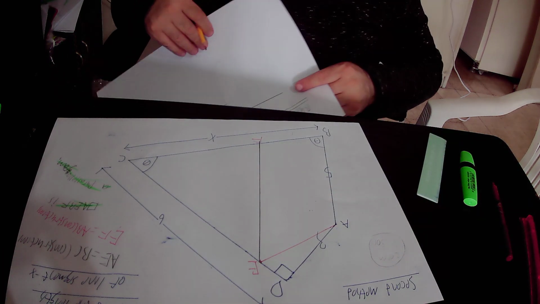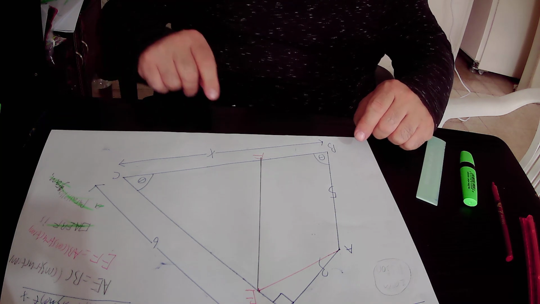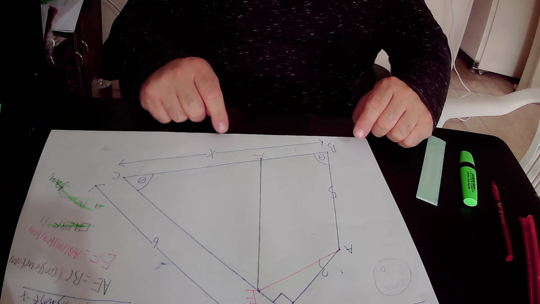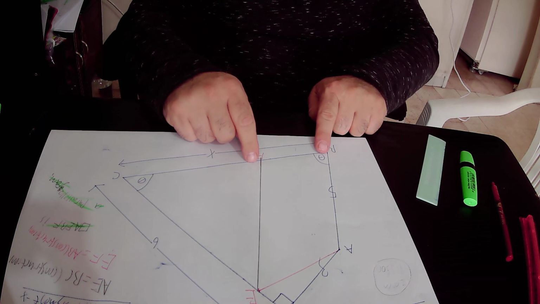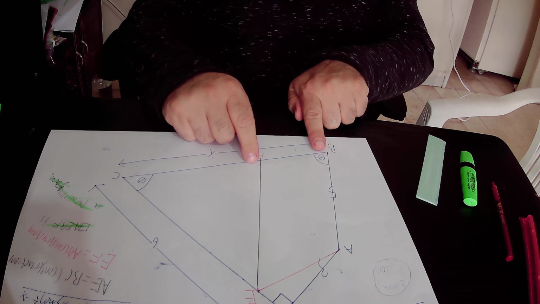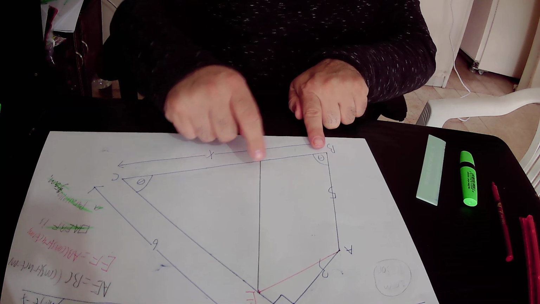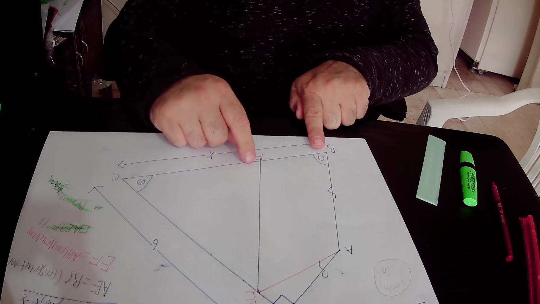Therefore, according to rule number 3, those two angles that are defined as corresponding angles and are located between the parallel lines AB and EF will be equal to each other.